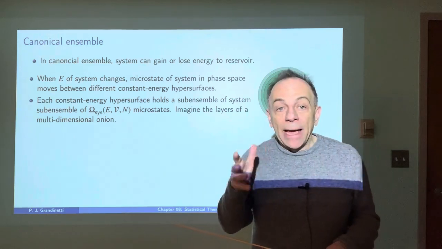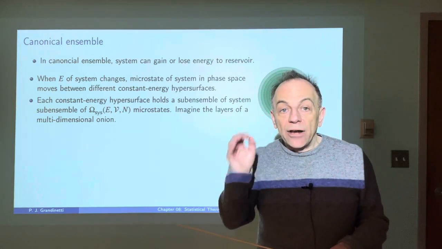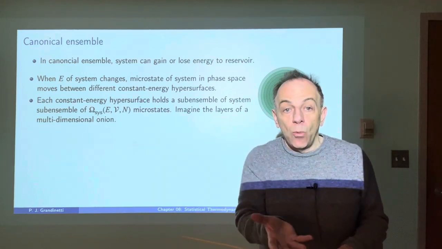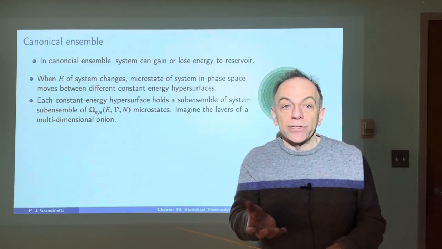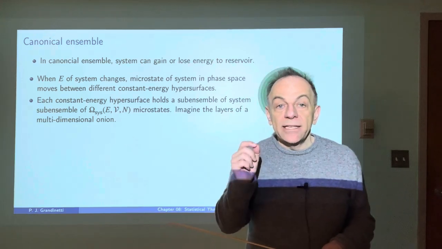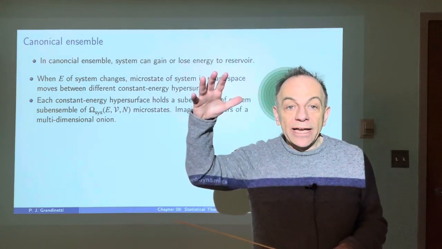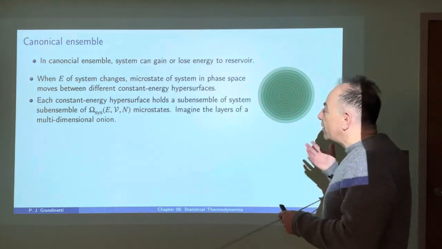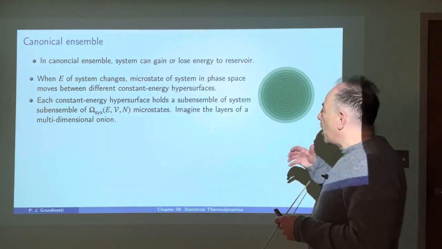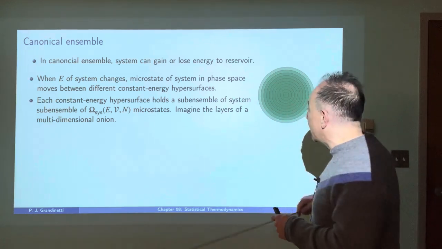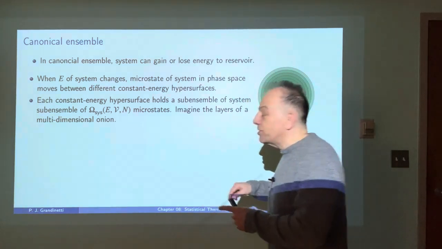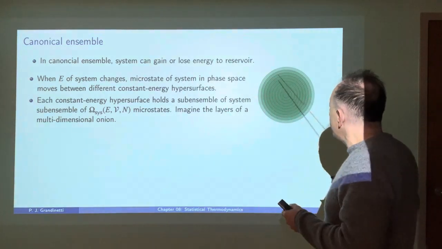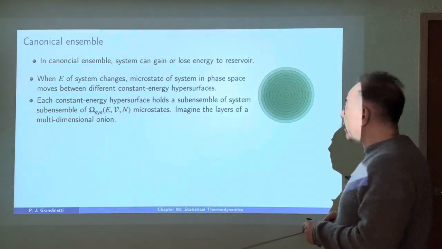So remember, in the microcanonical ensemble, the energy was constant, so the system can only be on one constant energy hypersurface. But in the canonical ensemble, the system can change energy, so it can move between these different hypersurfaces. So you think about this as kind of like a multi-dimensional onion. So you have all these different layers, and the system, when it changes energy, moves between these different layers.